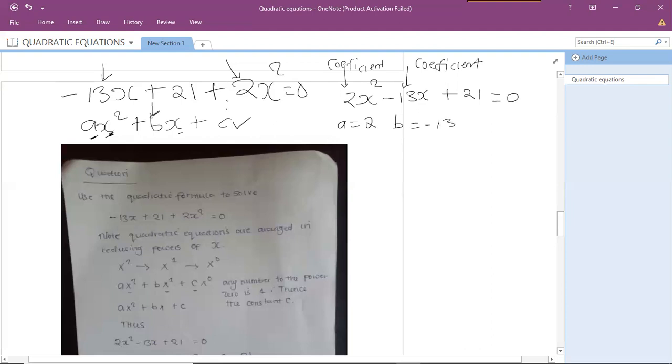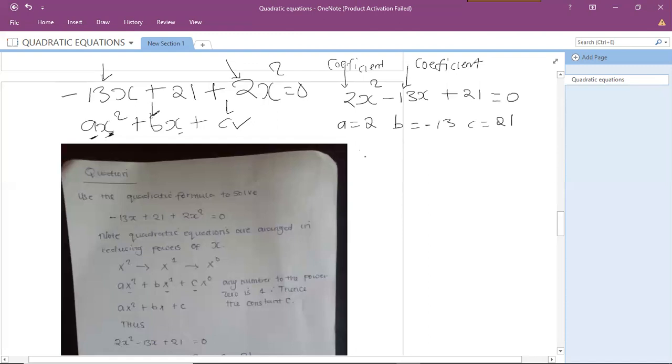Then the c, which is the constant term, is 21. So now that you know what A is, which is 2, what B is, which is negative 13, and the constant term, which is 21, you can now state the formula so that you substitute.